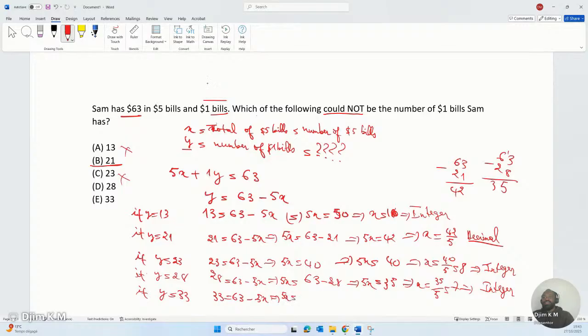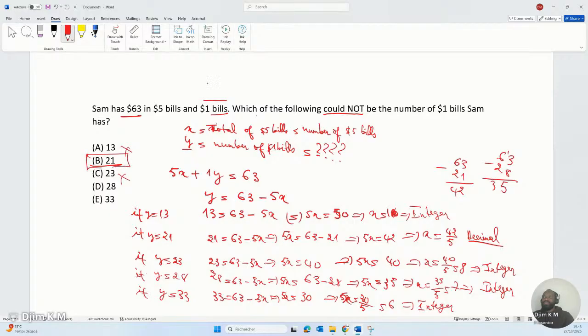So 63 minus 33 will be equal to 30, and we know 5x will be equal to 30, or x will be equal to 30 divided by 5, which is 6. And this also is an integer. Okay, so definitely this one is our answer.